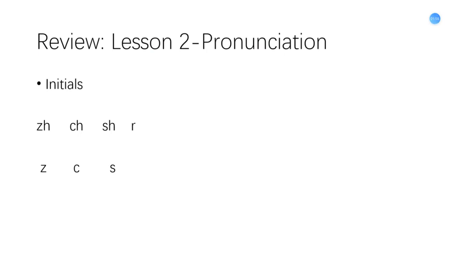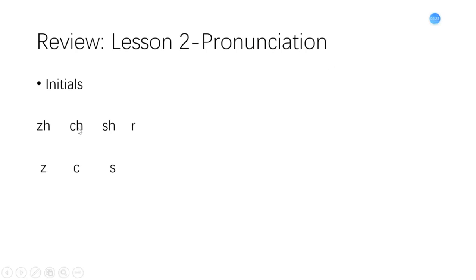And for 资, 雌, we use the tip of the tongue to block the front part of the mouth. So in phonetics we say 资 and 雌 are front dental initials, and 知 and 吃 are back dental initials.